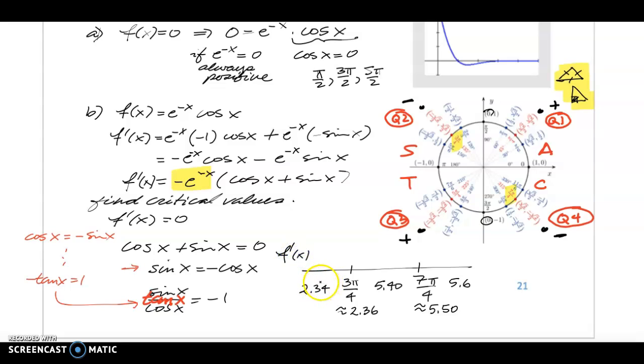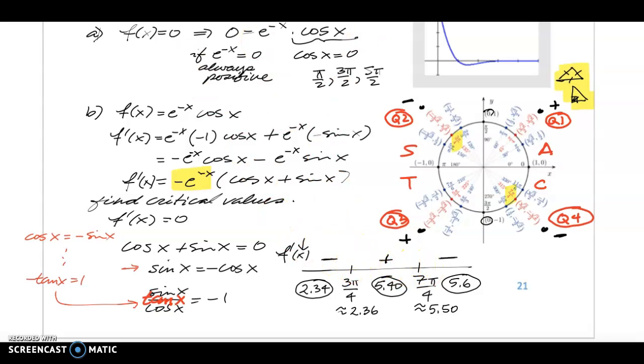Those are your x values you're putting in. And when you do that, you see this becomes negative, this is positive, and this is negative, right? So when you test it, by all means, do it, and you'll see.